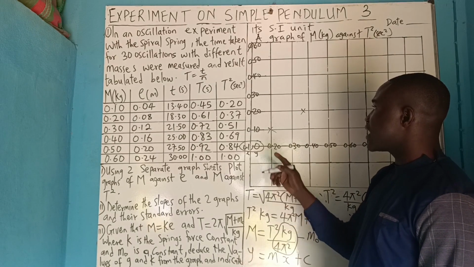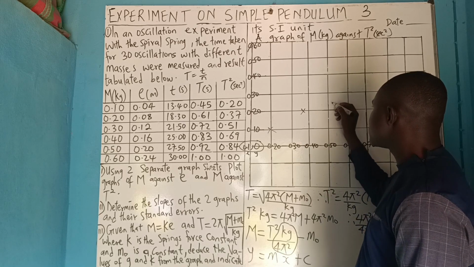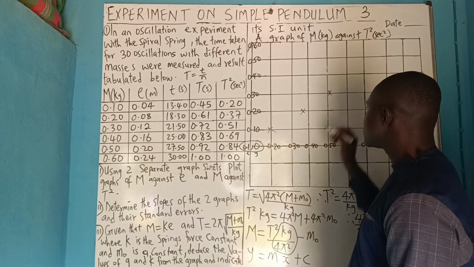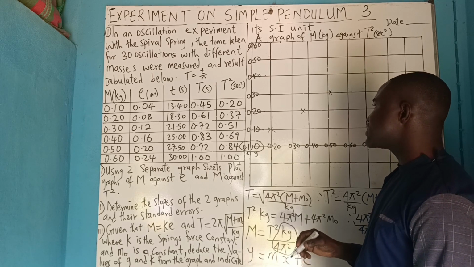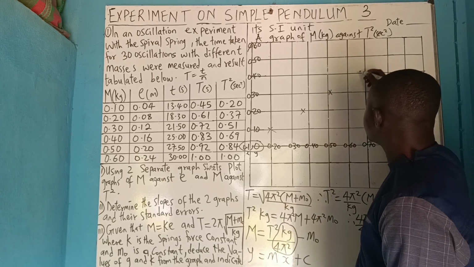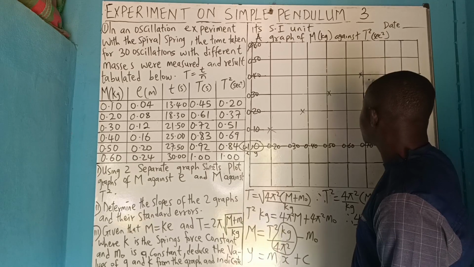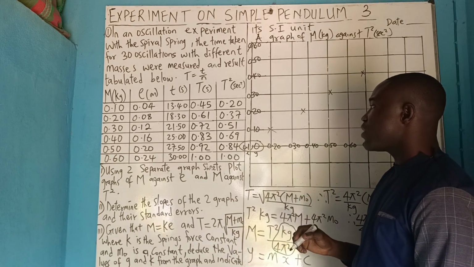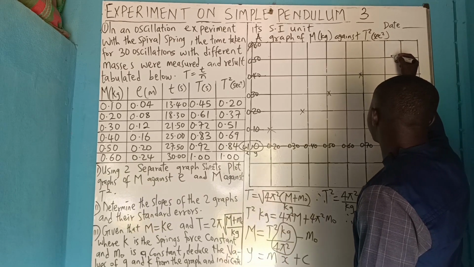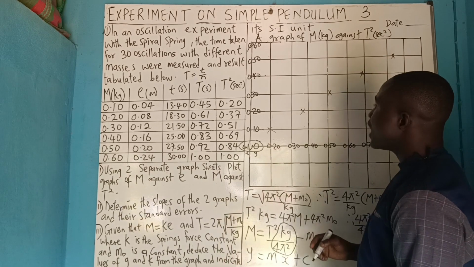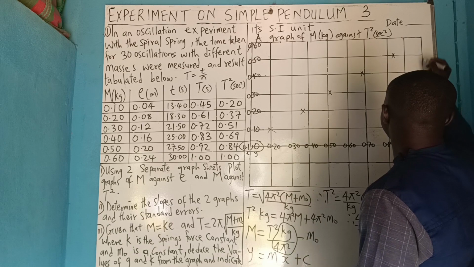Then 0.3 and 0.51, 0.4 and 0.69, 0.5 and 0.84, and 0.6 and 1.